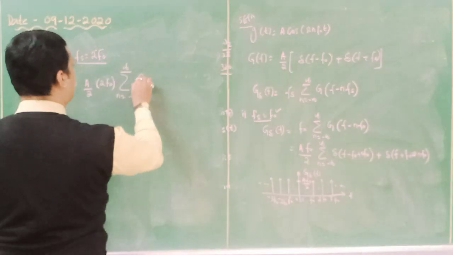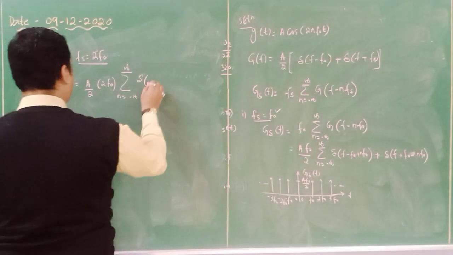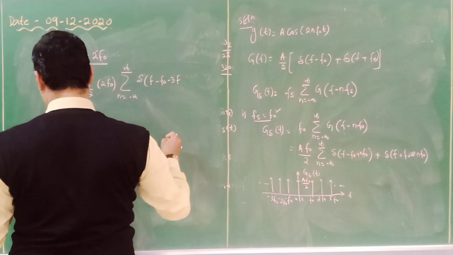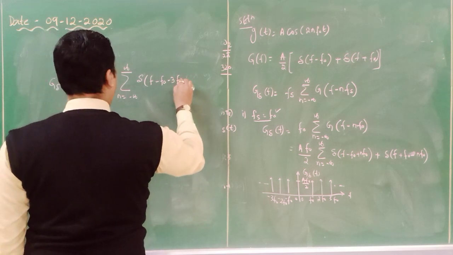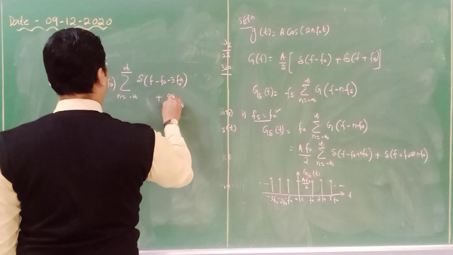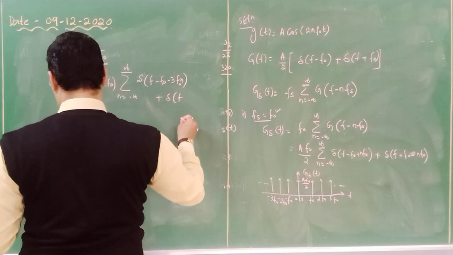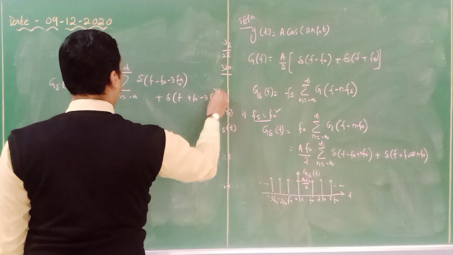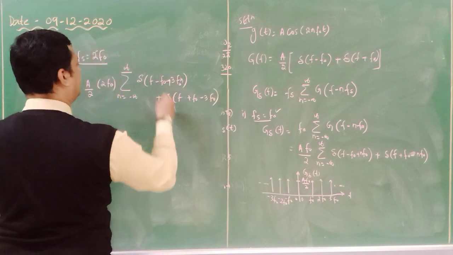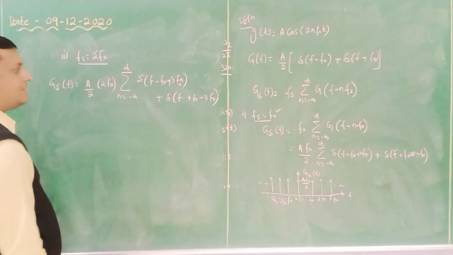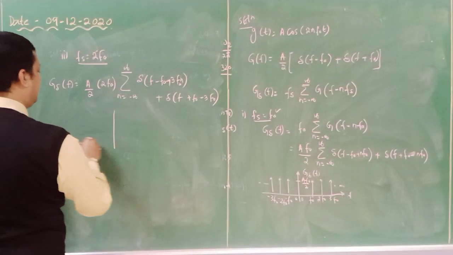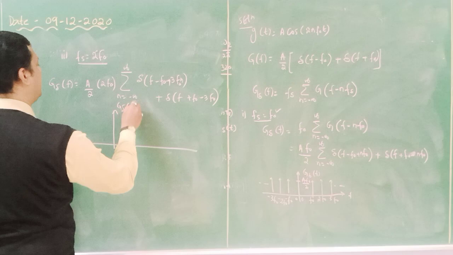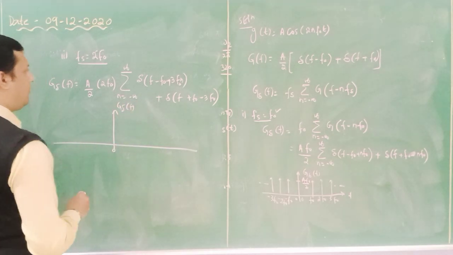Here I will write delta of F minus F naught minus 3n F naught plus delta of F plus F naught minus 3 F naught. Okay, so this is plus and this is minus. And your spectral component will be, again, it is G delta of F, this is 0.